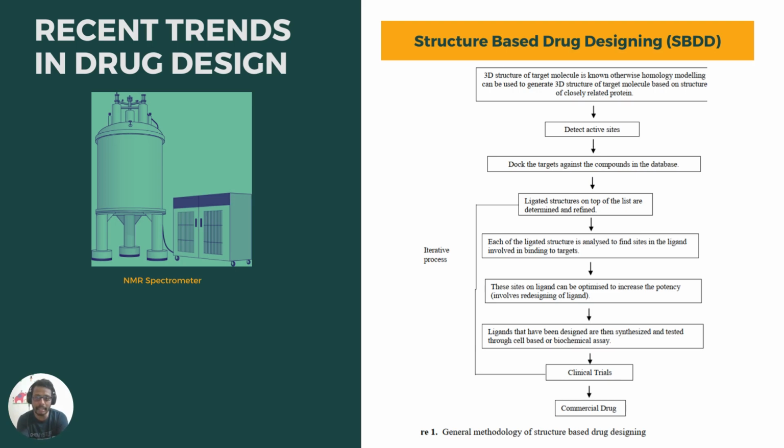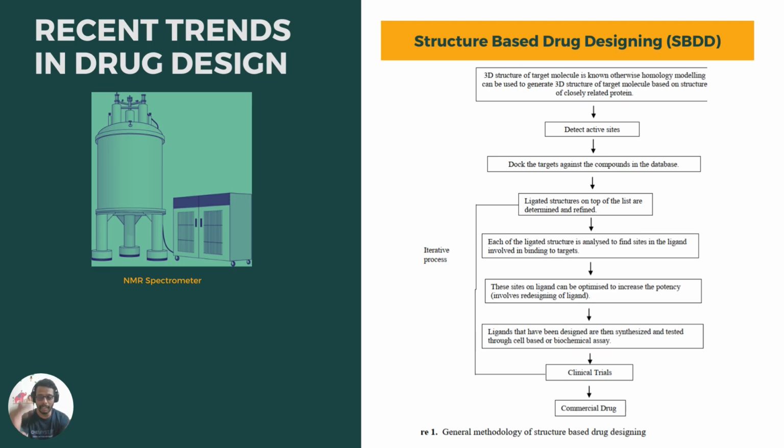So like that, different kinds of ligand structures and their list are determined, and from that, based on efficacy and all these things, the different types of ligand structures are refined, and each of the ligand structures is analyzed to find the sites in the ligand involved in binding to the targets.